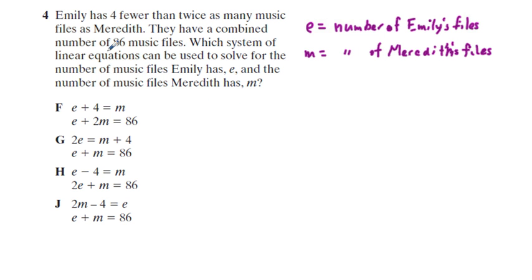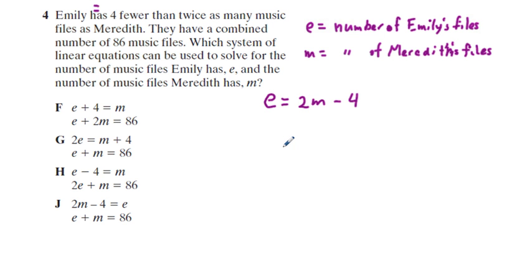Okay, Emily has, well, has is going to be an equal sign, so Emily has equals 4 fewer. Now you might be tempted to put 4 minus, but really when you have 4 fewer, you're going to put minus 4. So 4 fewer than twice as many files as Meredith. So we're going to have 2 times Meredith's minus 4.